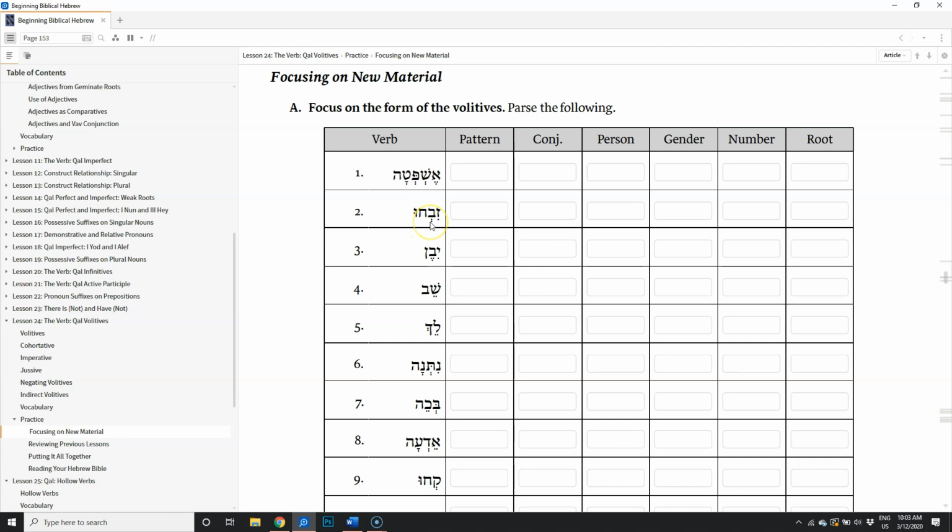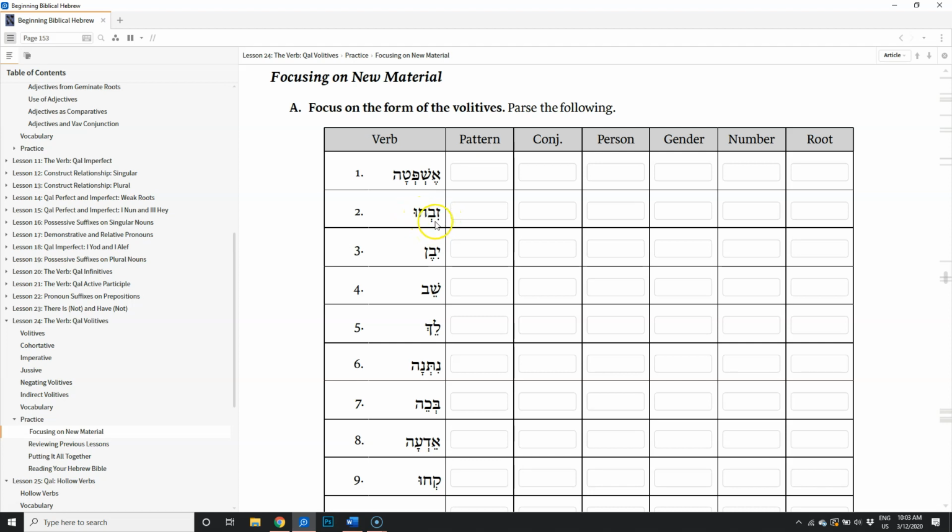There are a couple of ways to dissect what you've got here. The first thing you see is a triconsonantal root with a suffix. So you're probably thinking perfect, if you're not already primed to be looking for volitives. The problem is the perfect is not going to have a hirik shewa.